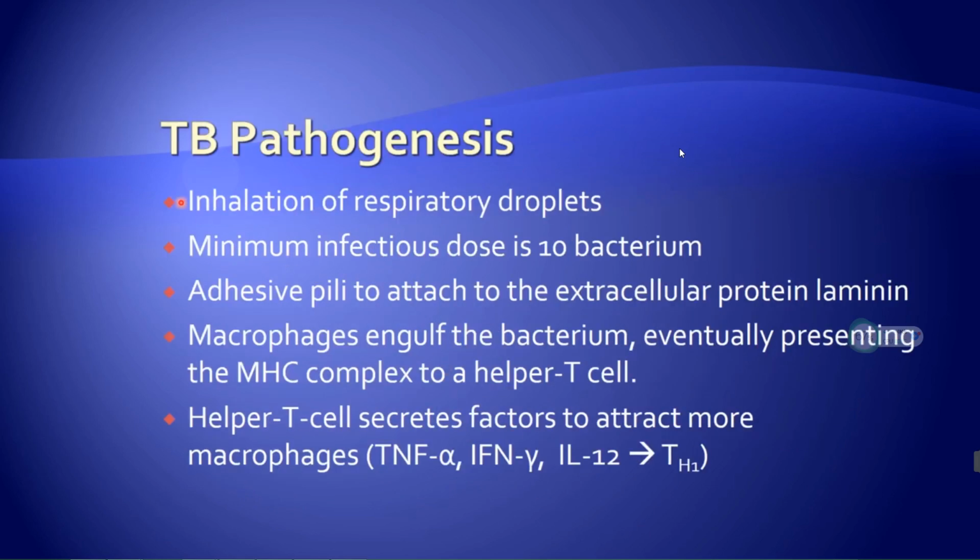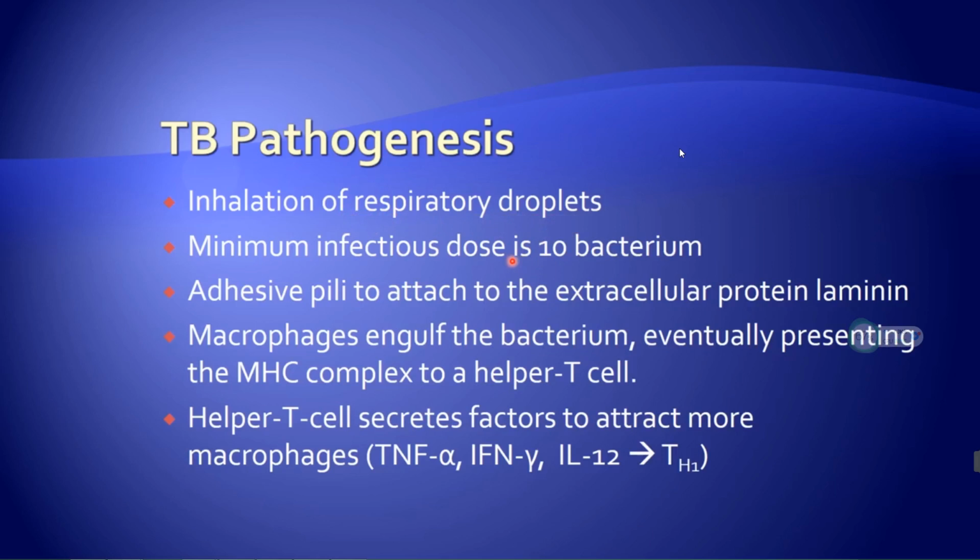So when we're looking at what has to happen, first you have to actually breathe in this bacterium via the respiratory droplets. This seems to be a very common theme, respiratory droplets. We're seeing this with COVID-19 as well as the flu virus and other viruses that cause respiratory infections. I find this kind of interesting.